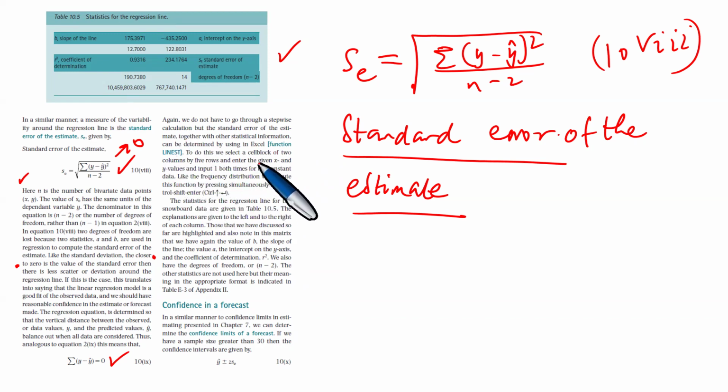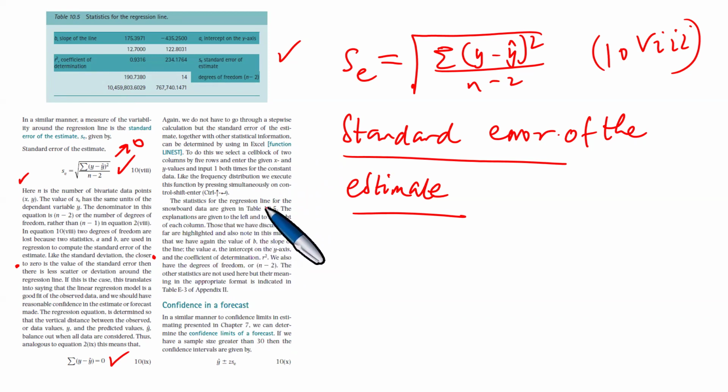To do this, we select the cell block of 2 columns by 5 rows and enter the given x and y values and input 1 both times for the constant data. Like the frequency distribution, we execute this function by pressing Control Shift Enter simultaneously. We shall discuss that.